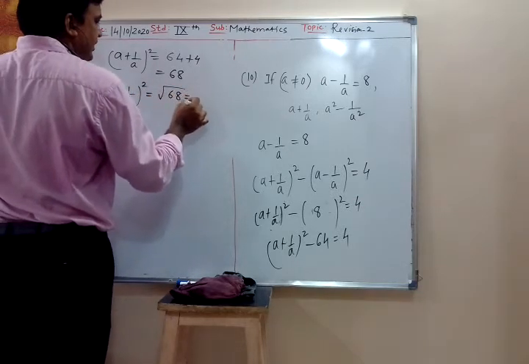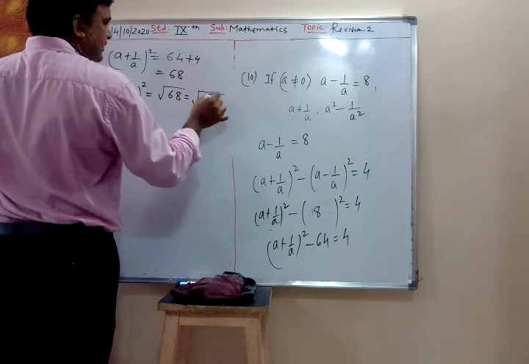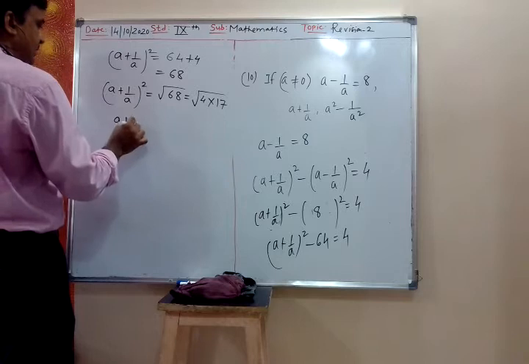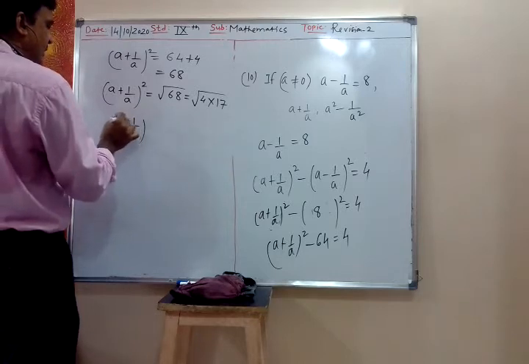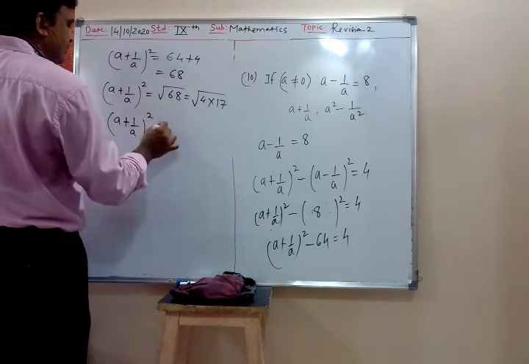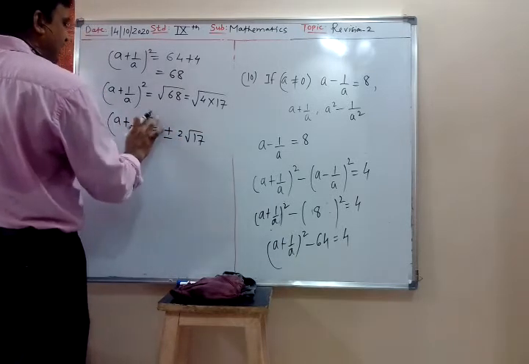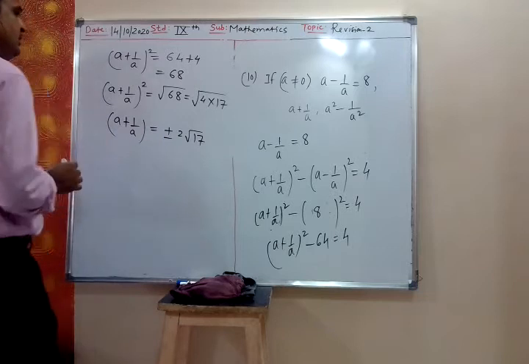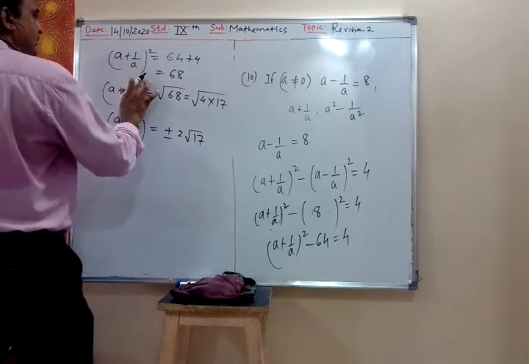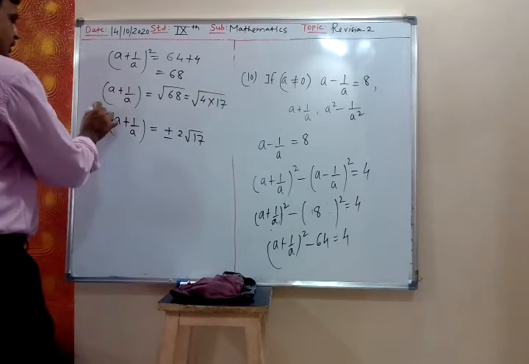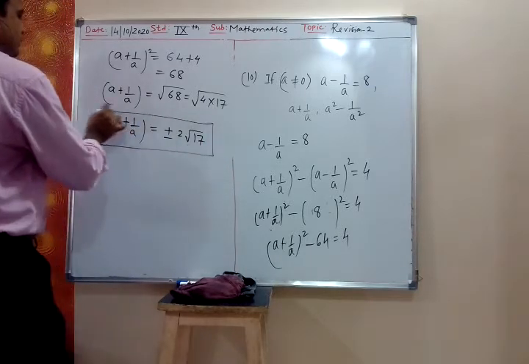Root of 68 I can write as 4 into 17, so 4 I can take outside. So a plus 1 upon a is plus minus 2 root 17. When we take the square root, the square will not be there.